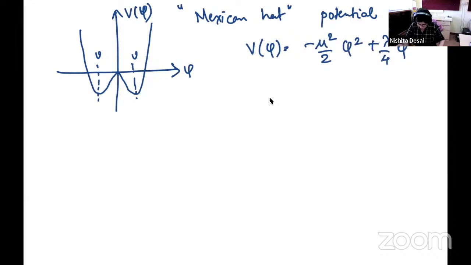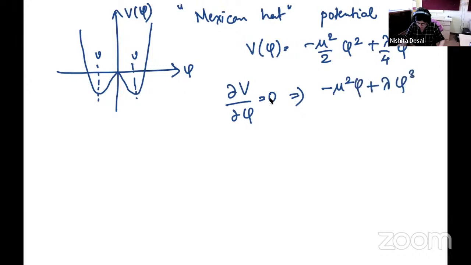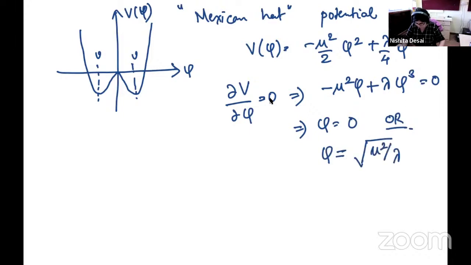And you can check where the minima stand. So you set the derivative to 0, which gives minus mu squared plus lambda phi squared equals 0, which tells you either phi equals 0 or phi equals the square root of mu squared over lambda.